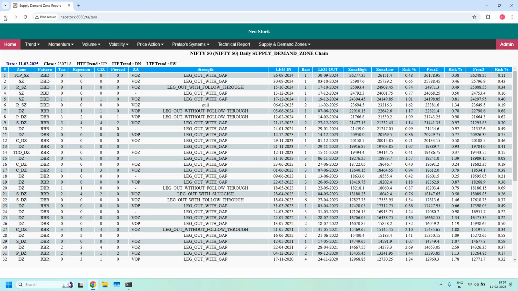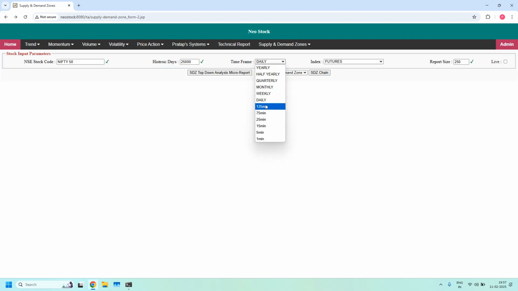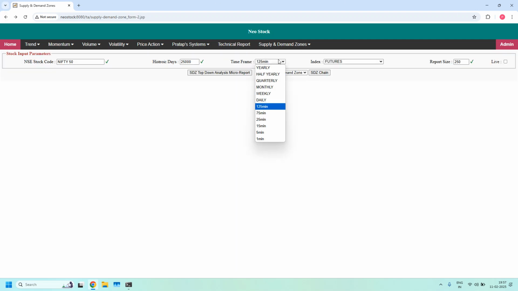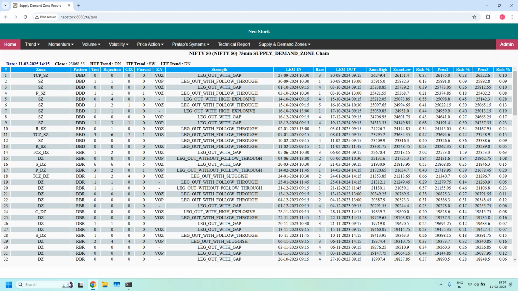Okay, next, 125 minutes supply demand zone chain for NIFTY. Next, 75 minutes supply demand zone chain for NIFTY. This is the nearest demand zone to the current closing price.